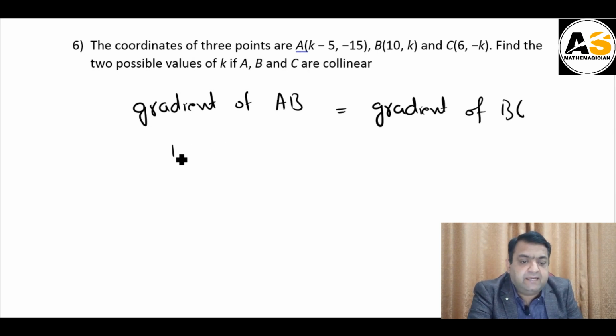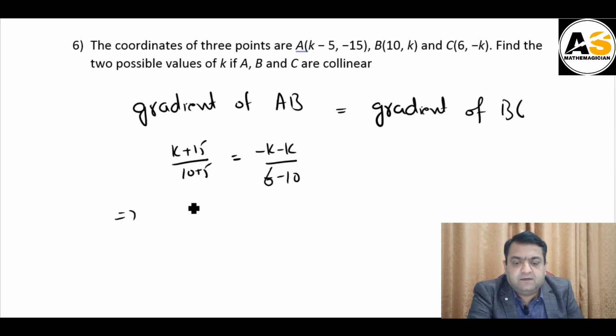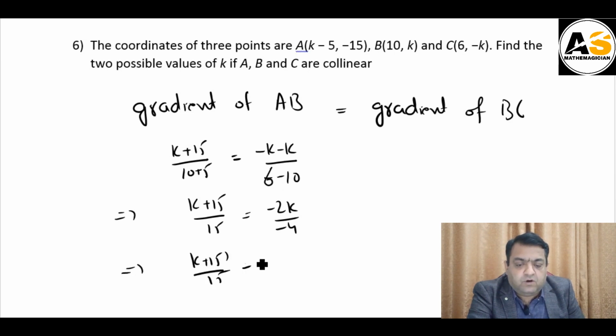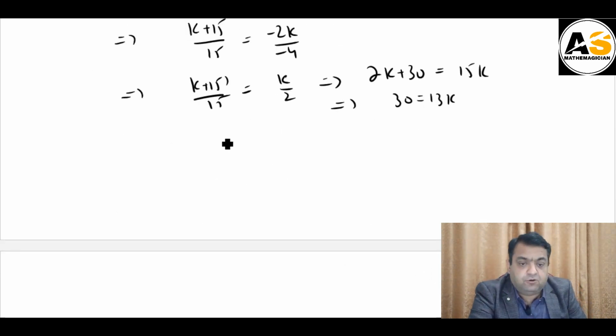Gradient of AB, y2 minus y1 over x2 minus x1, is equal to gradient of BC, minus k over, taking the points of BC, y2 minus y1 over x2 minus x1. 6 minus 10, which implies (k plus 15) over 15 is equal to minus 2k over minus 4, implies (k plus 15) over 15 is equal to k over 2, which implies 2k plus 30 is equal to 15k, which implies 30 is equal to 13k, which further implies k is equal to 30 over 13. I hope this is clear.